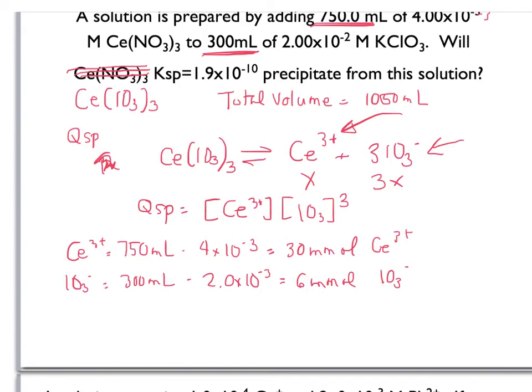Now let's convert this to molarity. So molarity is going to equal 30 millimoles divided by the total volume. I'm going to do the same thing here, 6 millimoles divided by the total volume.